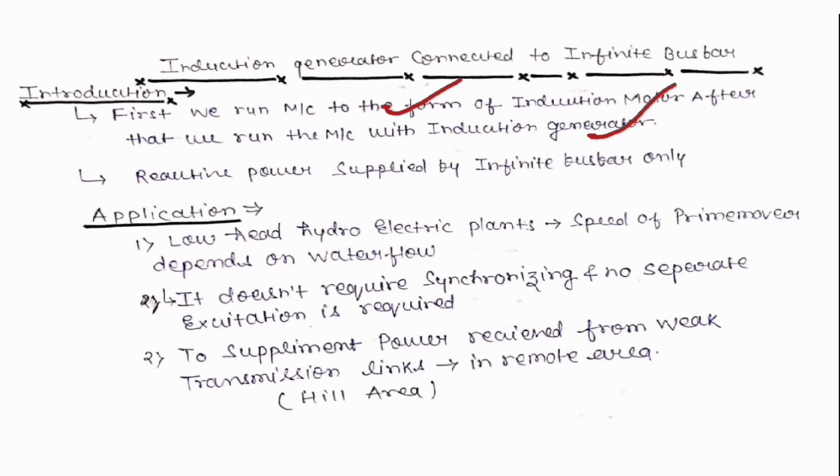That means first we start the machine as a motor, then we disconnect the load and connect the prime mover, and then we speed up the rotor speed from NR to greater than NS. In that case we convert that machine into the induction generator.